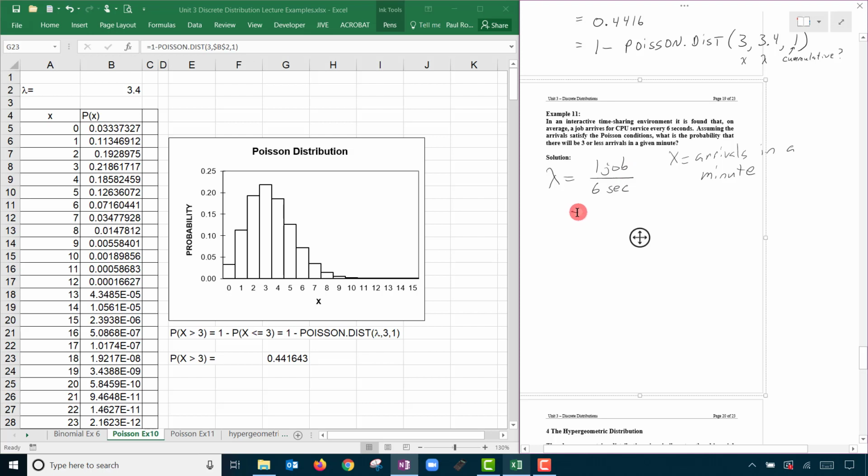So that 1 job per 6 seconds is equivalent to 10 jobs in 1 minute. So adjust the rate, not the question, because the question's asking what's the probability of 3 or less.